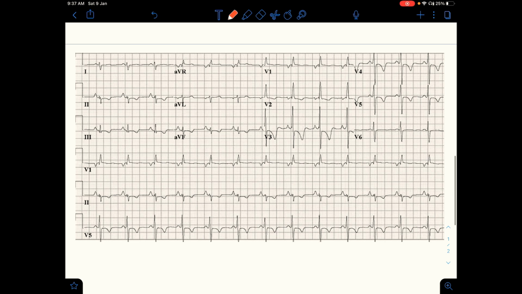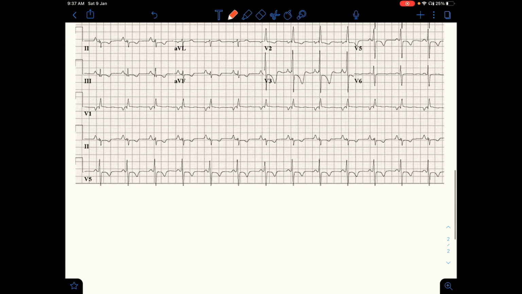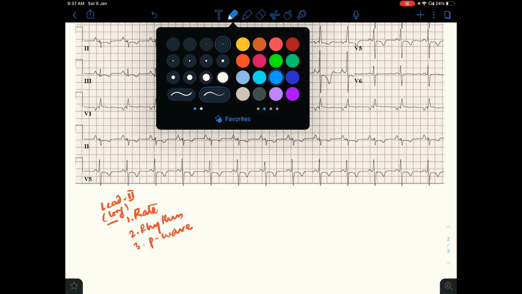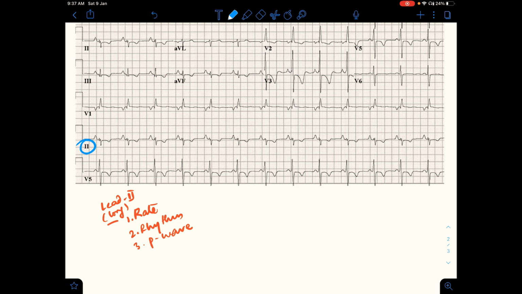Now coming to a different ECG, first we look at lead 2, which is the long lead 2. Then we check the rate, then the rhythm, then the P wave. Here this is the long lead 2 and this is the short lead 2.